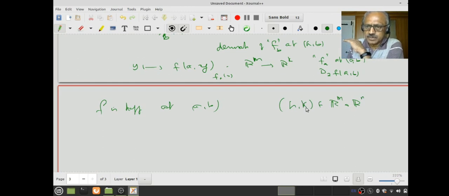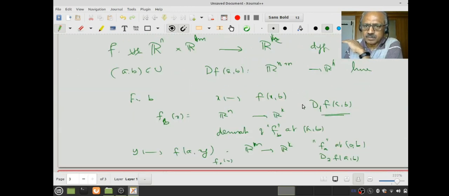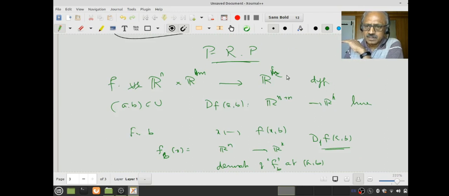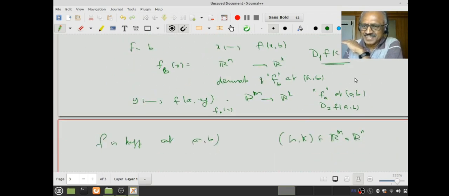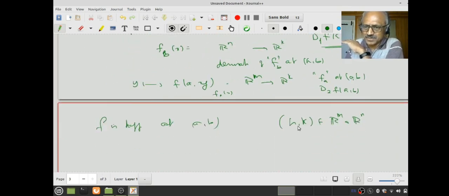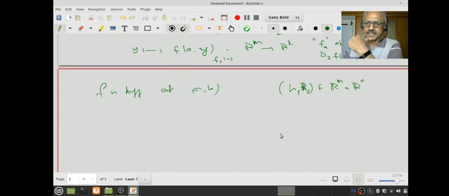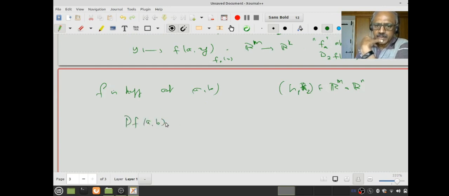Let me call them h1 and h2 then. Therefore, my derivative at (a, b) acting on this vector (h1, h2) must be a vector in R^k. But what is this vector?